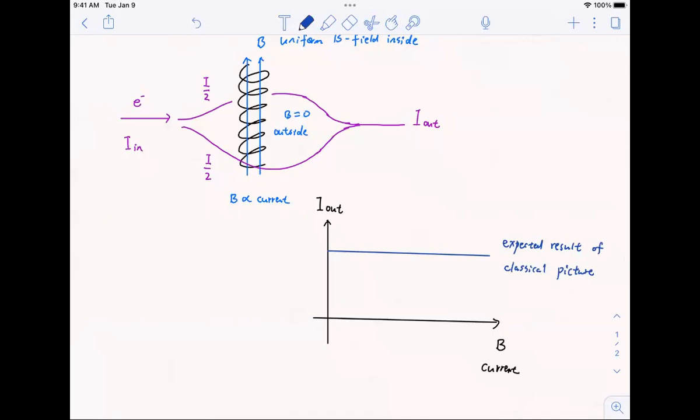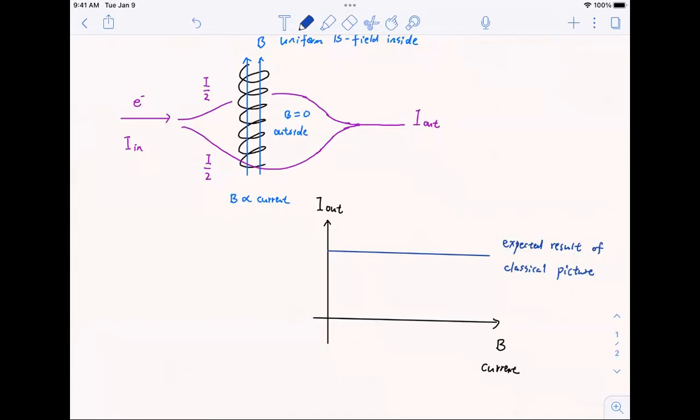There should not be any difference because the B field is inside the solenoid, not outside. Outside there's 0 B field. So you change the B field outside the range of the particle, and it should not change anything.